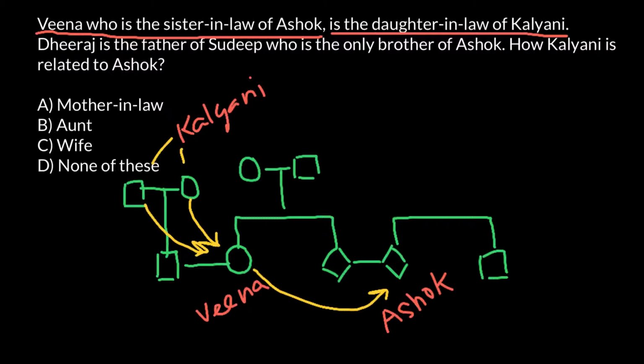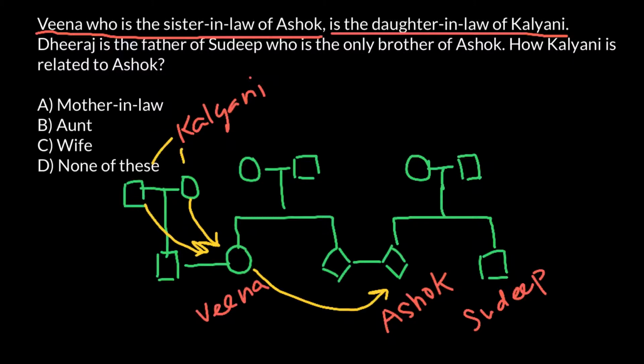So let's put here Sudip. And of course this can be brother and sister, or it can be two brothers. No matter, they should have parents, just like any children on our planet.